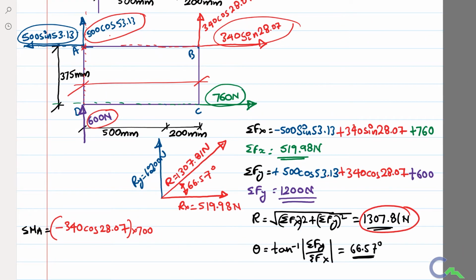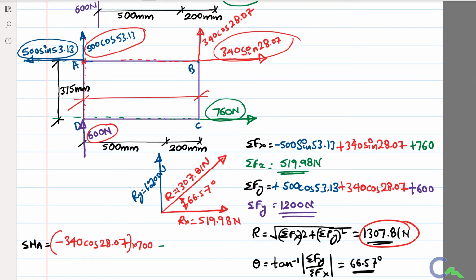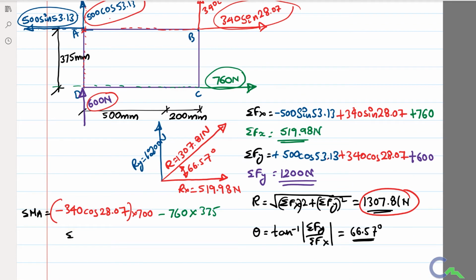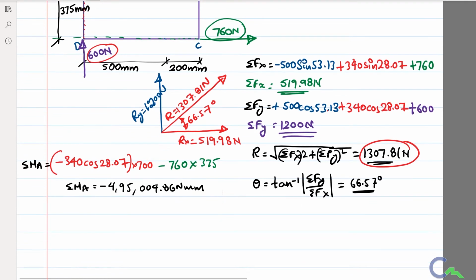The value is minus 760 into distance is perpendicular, distance is this one, that is 375 mm. So if I do the calculation, I will get sigma MA is equal to minus 4,95,004.86 Newton millimeter.